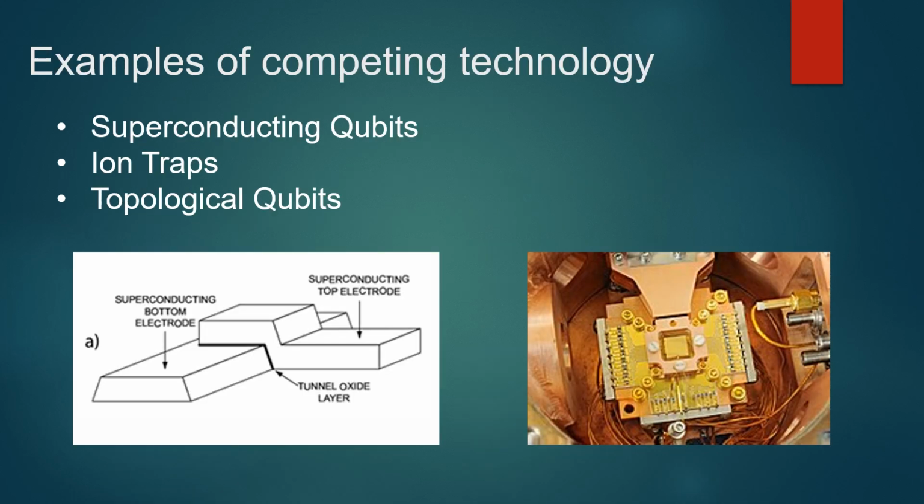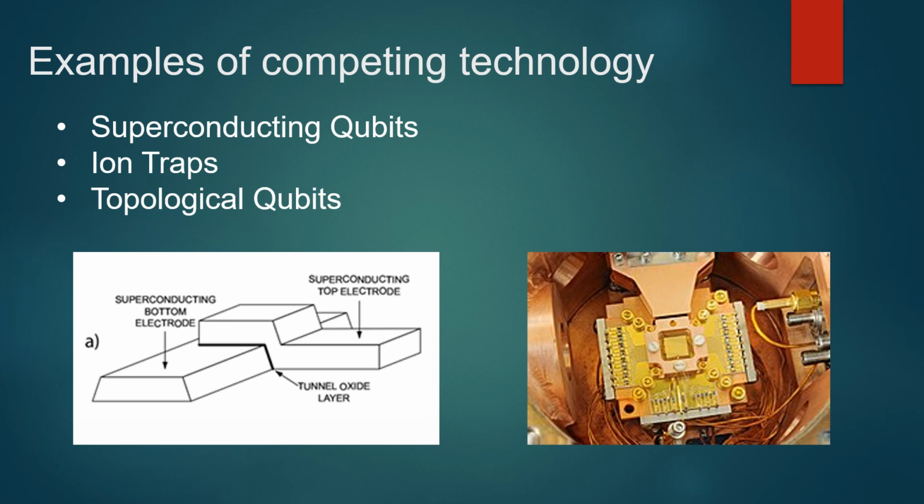Some examples of competing technology. First one is superconducting qubits, which are quantum bits based on superconducting circuits, using Josephson junctions in superconducting material to manipulate quantum states. By adjusting the current and voltage in superconducting circuits, quantum states like 0 and 1 are manipulated for superposition and entanglement.